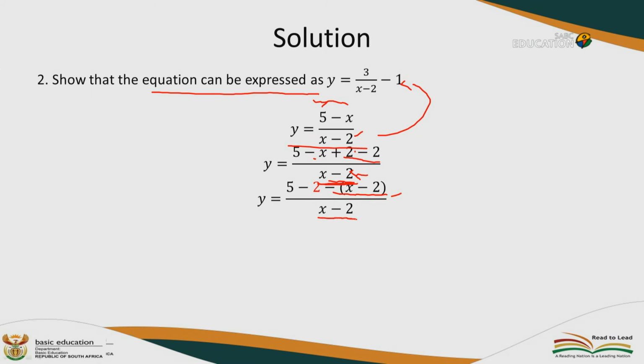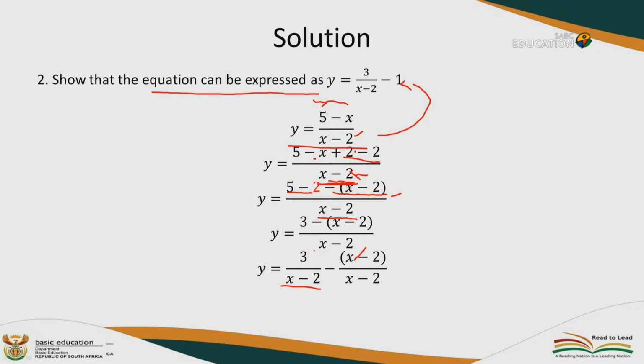Now if I simplify, I had 5 minus 2, so that gives me 3. And here I have negative, in brackets, x minus 2. I can separate my numerator, so this is 3 over x minus 2, minus x minus 2 all over x minus 2.